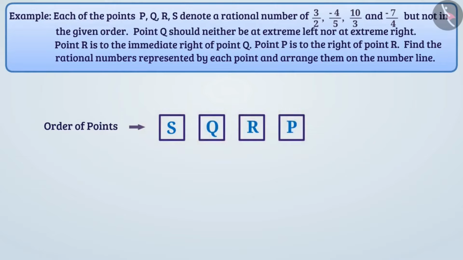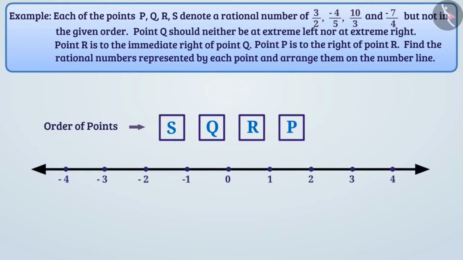Similarly, we will now arrange the given rational numbers in the increasing order. For this, we will use the number line, that is, we will represent the rational numbers given on the number line. 3 by 2 is a positive rational number. We can write this as 1 and 1 by 2. Hence, its position is between 1 and 2.